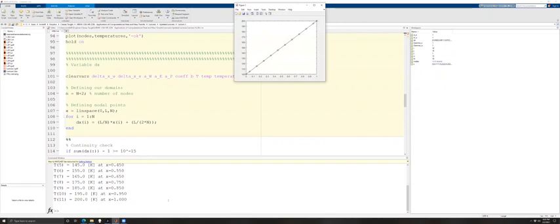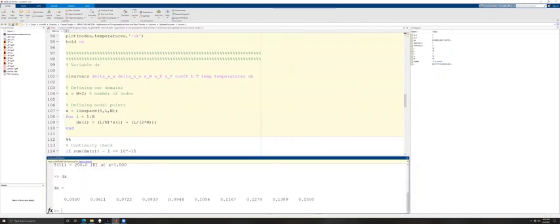When we run this, what we're going to see is as follows. dx is actually specifying the length of each of our control volumes. Our first control volume is going to have a length of 0.05. Our second control volume is going to have a length of 0.0611. Our third control volume is going to have a length of 0.0722.